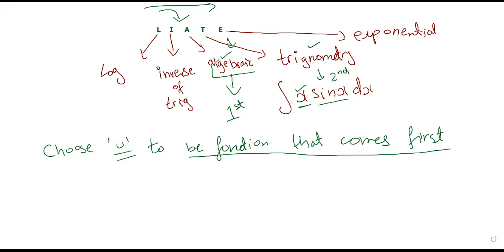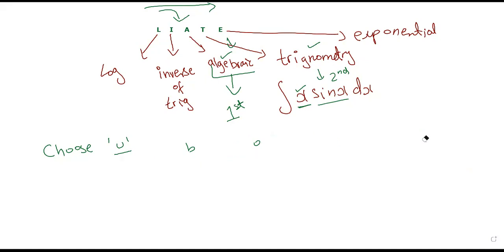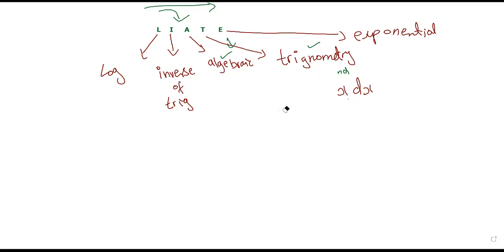I'll just rub the extra things. These tips are very, very important for time management, because when sitting an exam, obviously you know the concepts, but you cannot waste your time thinking.